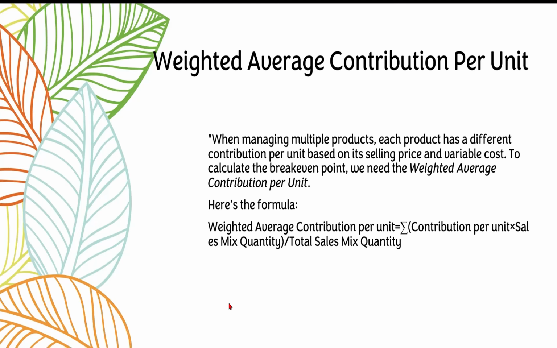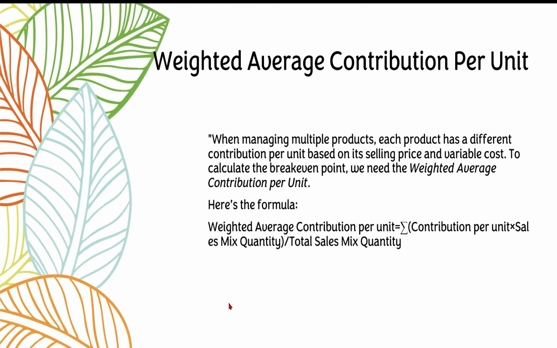When managing multiple products, each product has a different contribution per unit based on its selling price and variable cost. To calculate the break-even point, we need a weighted average contribution per unit. Remember, here the single contribution per unit will not work.